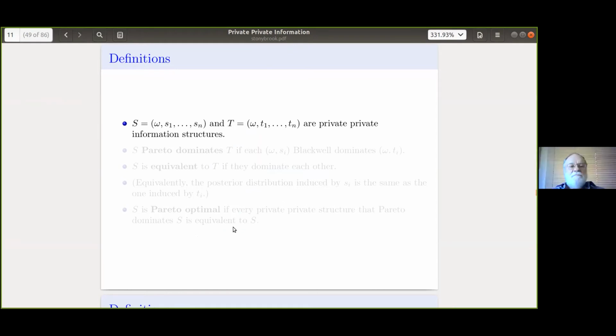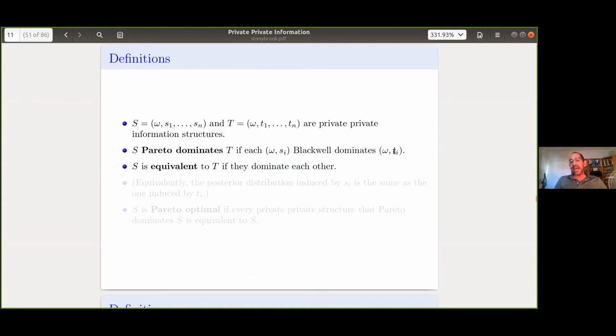Okay, so we're going to have two private information structures, S and T. And I'm going to say that S Pareto dominates T, if from the point of view of each agent, the signal S_i over omega dominates T_i. Okay?